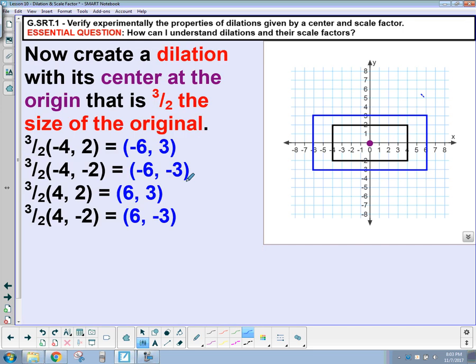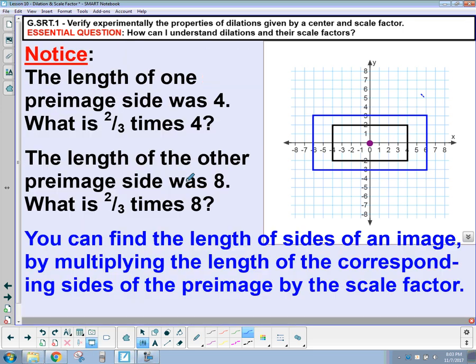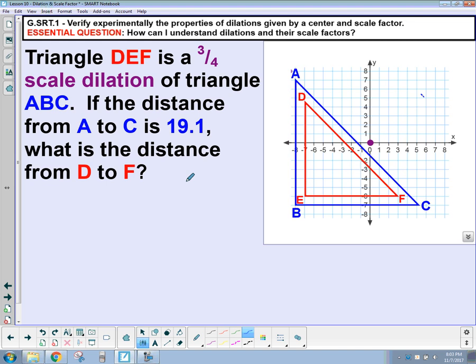So if I have triangle DEF, a 3/4 scale dilation of triangle ABC, it got smaller because 3/4 is less than 1. If the distance from A to C is 19.1, what is the distance from D to F?